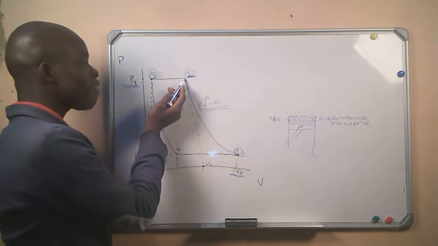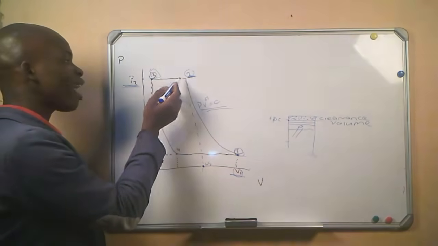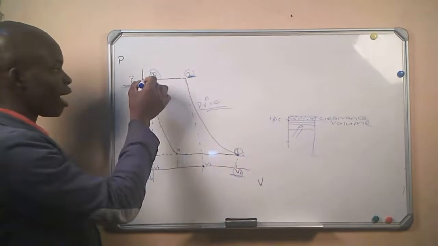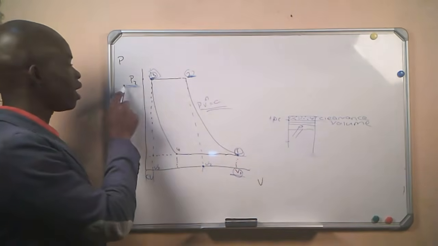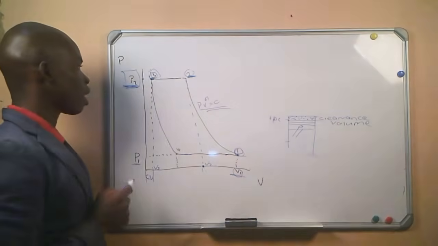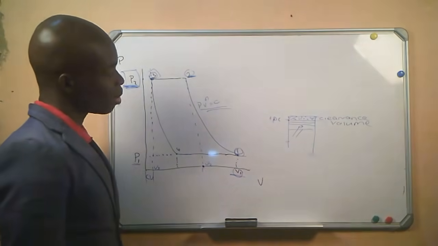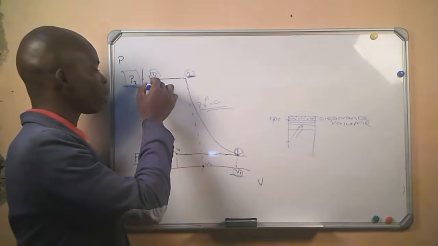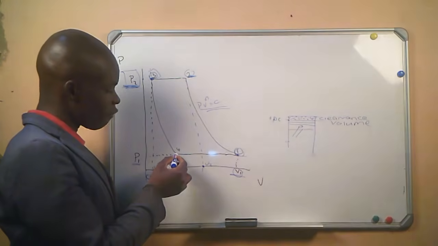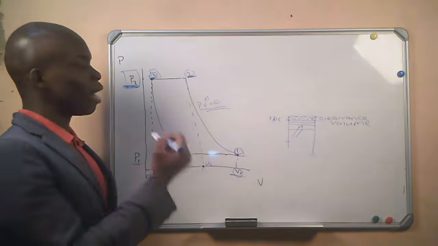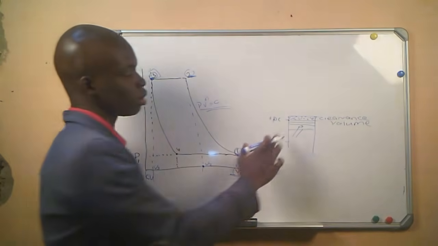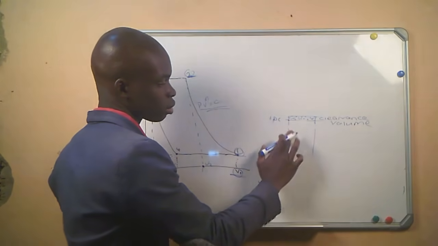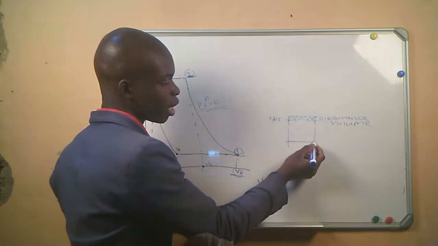So after the delivery stroke, after the air has been delivered, the air in the clearance volume will still have pressure number 2. Now from point 3 to point number 4, the piston is moving down to the bottom dead center.